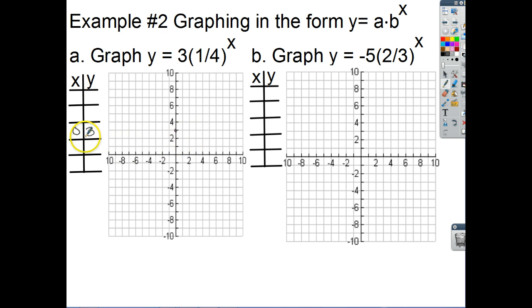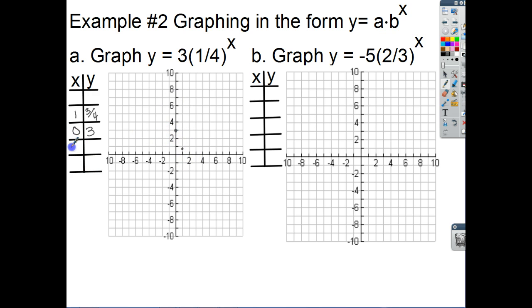Okay, well let's go one bigger than that. So we put in 1, so we have 3 times 1/4, or that's going to give us 3/4. Okay, so 1/4 to the first power is 1/4, and then that times 3. So at 1, we're at 3/4, so that's closer to the top here. All right, well, that looks like it's already going up pretty quick right there, so I'm going to go in the other direction.